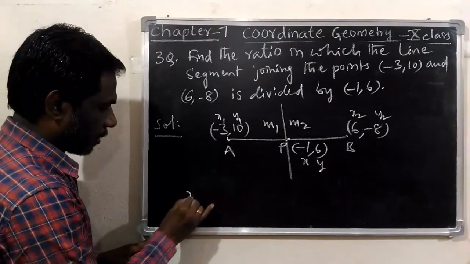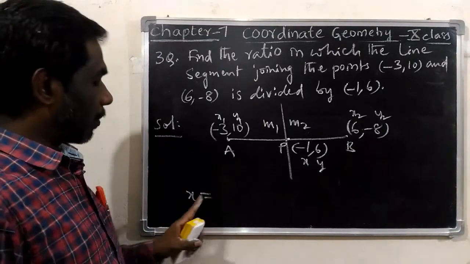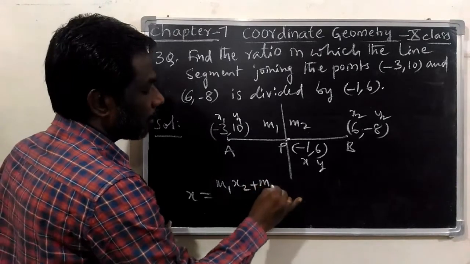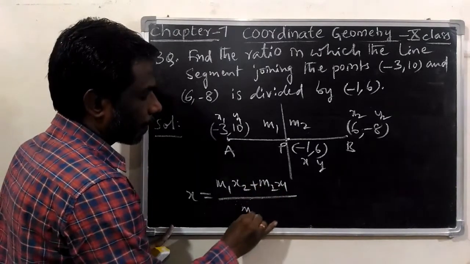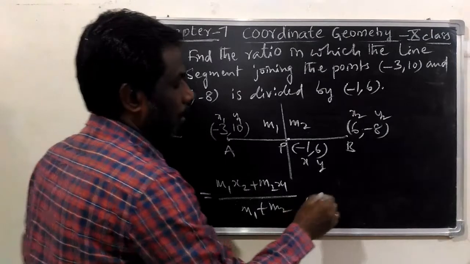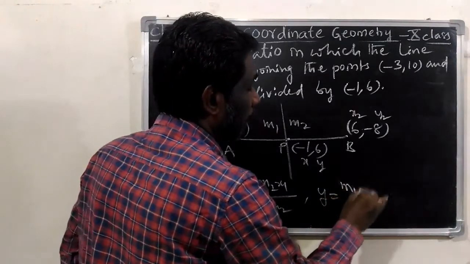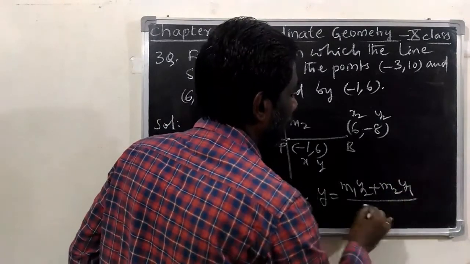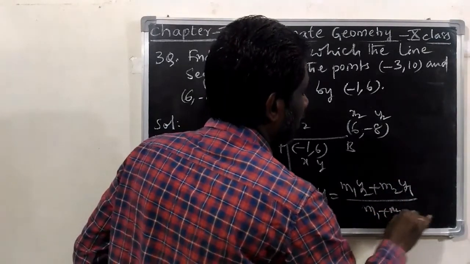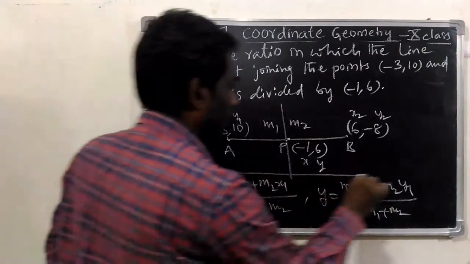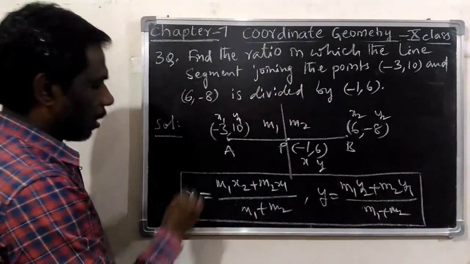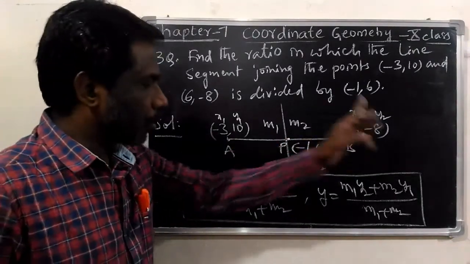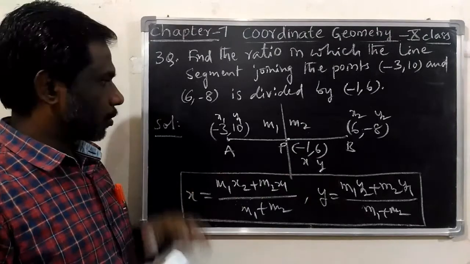Now the section formula: x equals (m1 x2 plus m2 x1) by (m1 plus m2), and y equals (m1 y2 plus m2 y1) by (m1 plus m2).